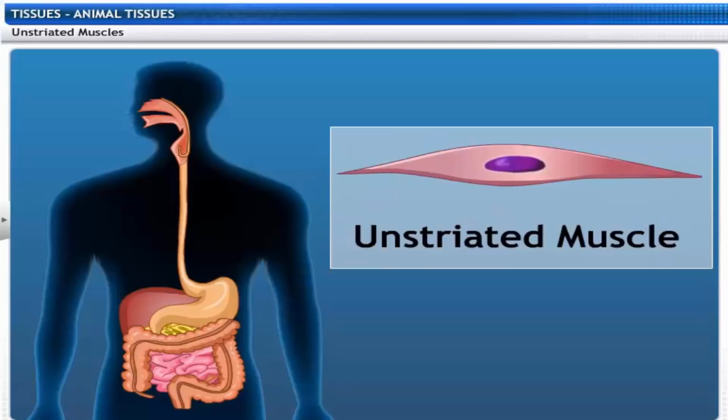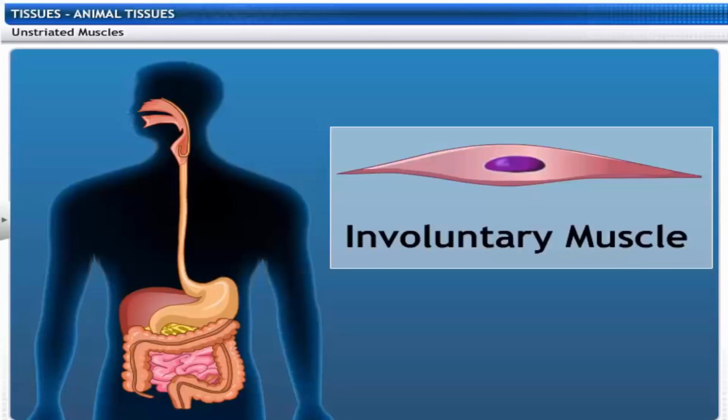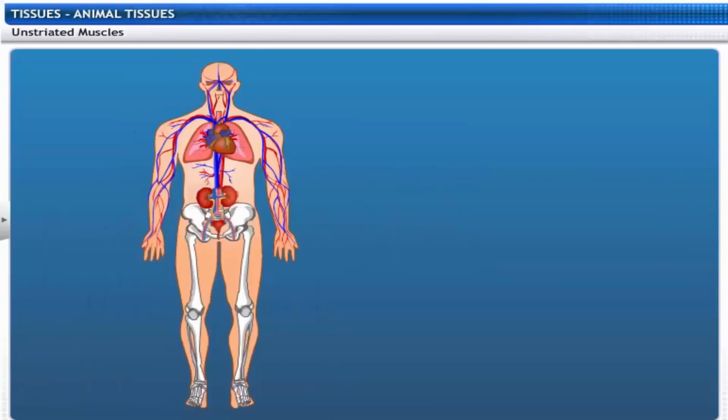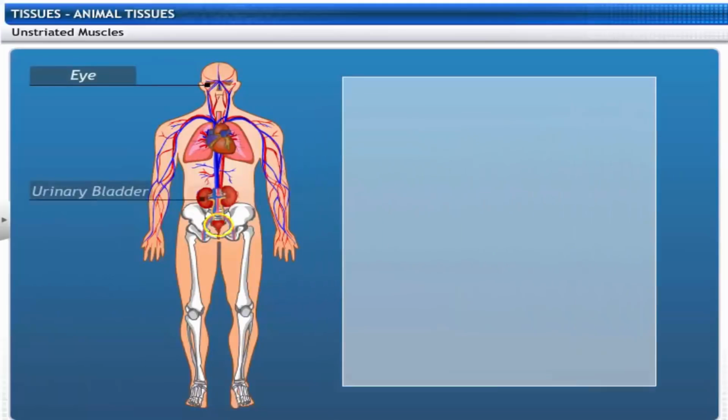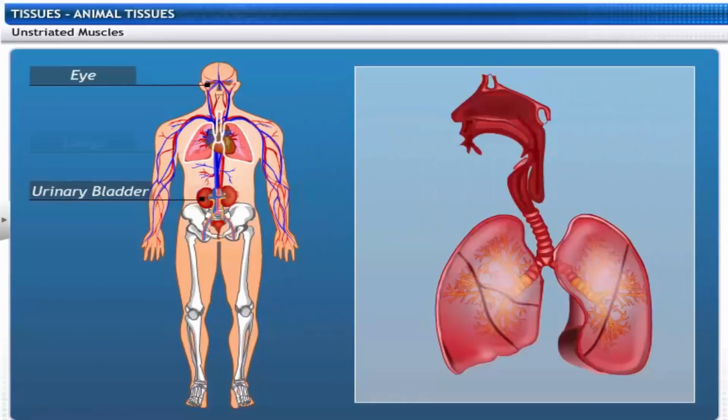This process is done by unstriated muscles, which are spindle-shaped with one nucleus. They do not have striations and are called smooth muscles. They are also beyond our control and are called involuntary muscles. They are found in the iris of the eye, urinary bladder, and bronchi of the lungs.